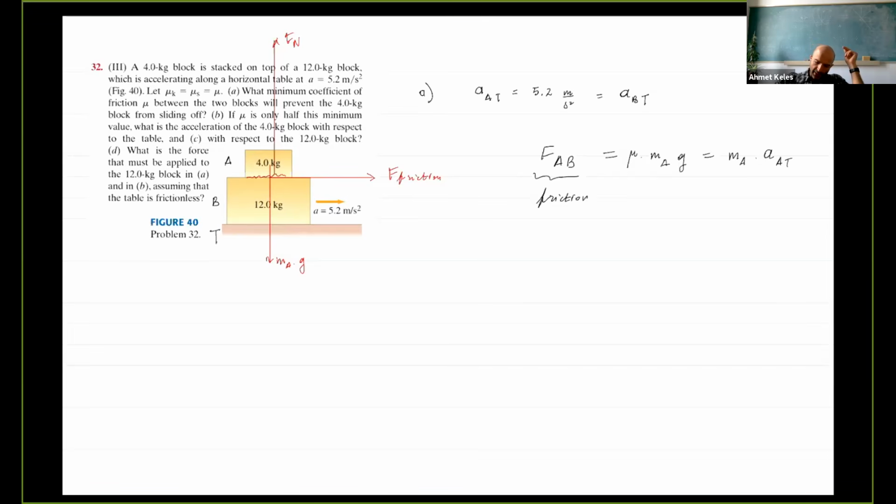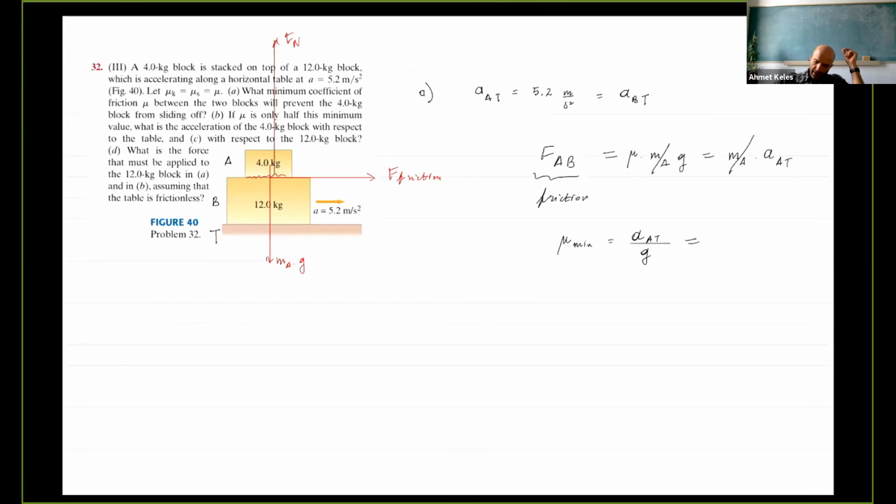From this, we already find mu. Maybe mu minimum, because it can be bigger than that, and that's perfectly fine. Minimum value should be, okay, cancel these m a's: the acceleration of block A with respect to table divided by the gravity.